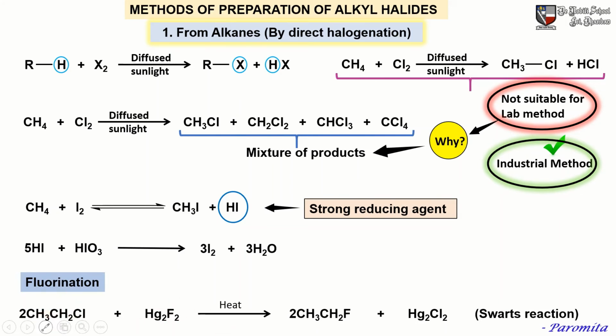For example, CH3CH2Cl plus Hg2F2, when you are heating this mixture, we are getting what? CH3CH2F, ethyl fluoride, plus Hg2Cl2. So this example is of the halide exchange method. This is not direct halogenation.